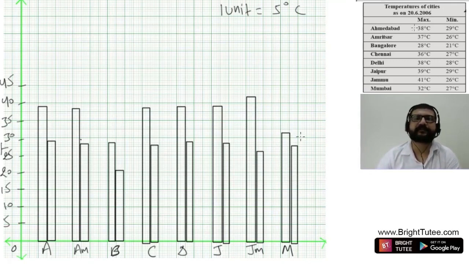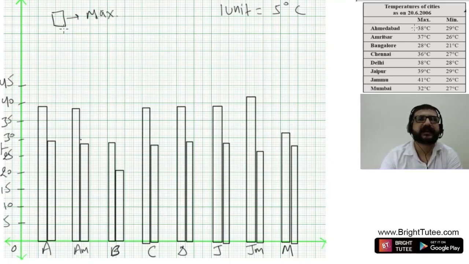So this is how we have drawn a bar graph for this data. Now let's shade every second bar, which is representing minimum temperature. So the empty bars will be representing maximum temperature and the shaded ones will be representing minimum temperature. Let's shade every second bar.